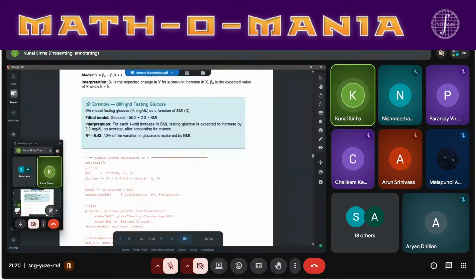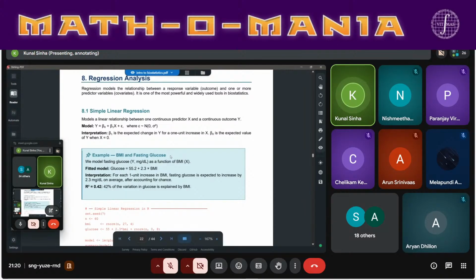So an example that I've given here is BMI and fasting glucose. When you model fasting glucose as a function of BMI, you get an equation: 55.2 plus 2.3 times BMI. Now, this is the expected glucose for a certain BMI.